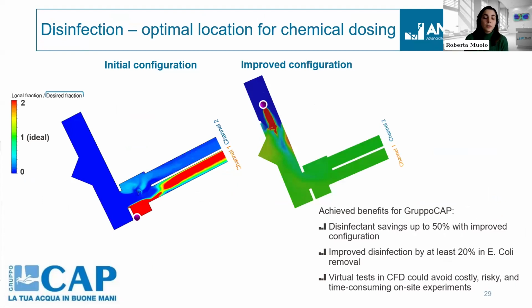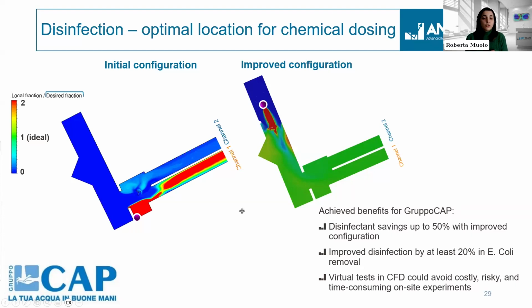So here you see the 3D representation of the chemical concentration. It's a mass fraction, so it's basically the local fraction divided by the desired fraction. So ideally, we would aim for the green, which means that the ratio is 1. As you can see in the initial configuration, despite the presence of this mixer, most of the chemical is going to channel 1, so it's almost 100% going to channel 1, and very little disinfectant is going to the second channel, channel 2.